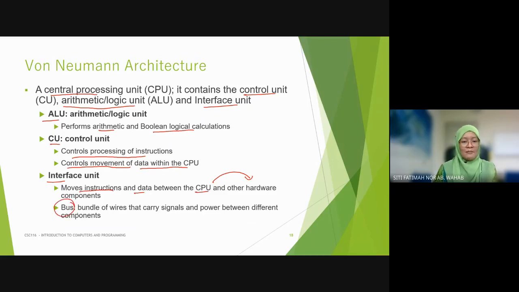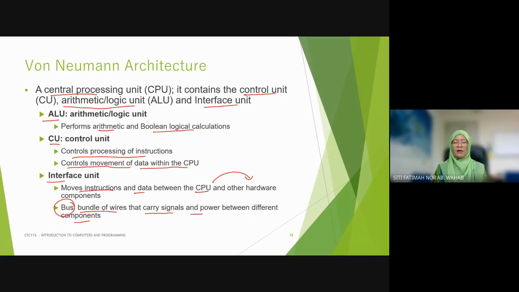So it uses the bus. So what is a bus? It is a bundle of wires that carry signals and power between different components. Imagine the hardware components, the input, the output. Imagine you are going from Segamat to your hometown. You need something to carry you from that place, so let's say you use a bus. In reality a bus is a vehicle to carry something.